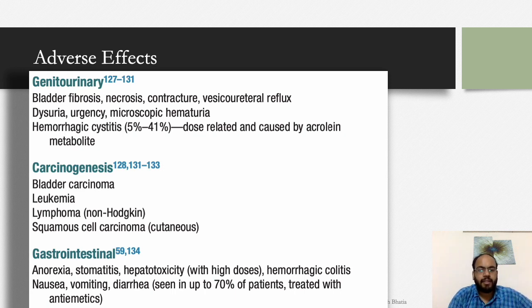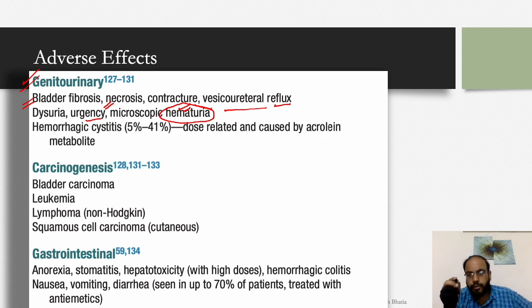Additional side effects include genitourinary, starting with bladder fibrosis, necrosis of bladder epithelium, contractures, increased vesicoureteral reflux, urgency. Now, hematuria is important because hematuria and hemorrhagic cystitis are somewhat precursor markers for malignancy.